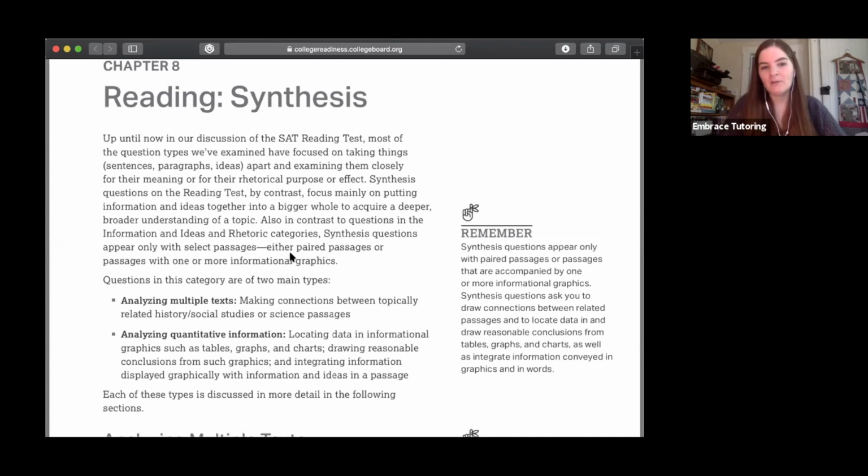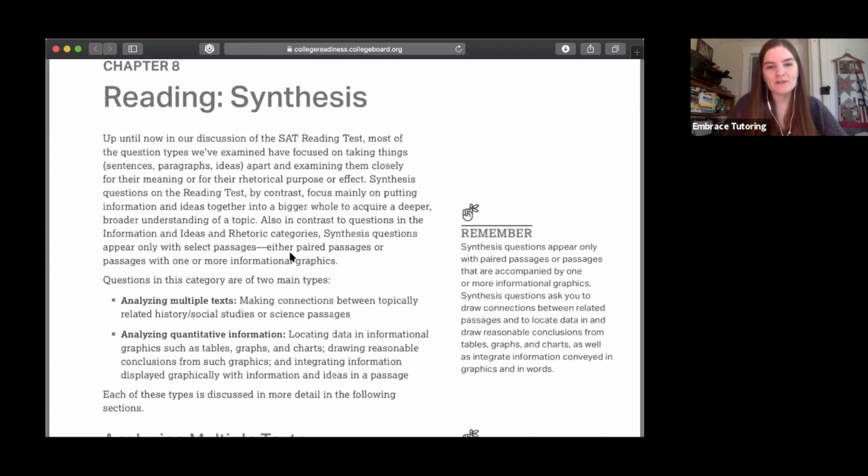I think that's pretty expected, because you're going beyond what you need to do to understand each individual passage, and making connections between the two different passages regarding a related topic, especially the analogy type questions. Those fall under this umbrella of synthesis type questions.